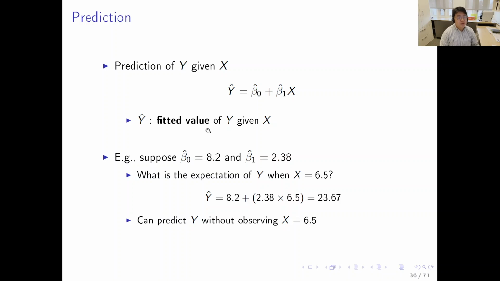And part two, prediction. Prediction is pretty straightforward. We predict Y. You have an estimated fixed cost and an estimated marginal cost, right? And X is the output you are going to produce.